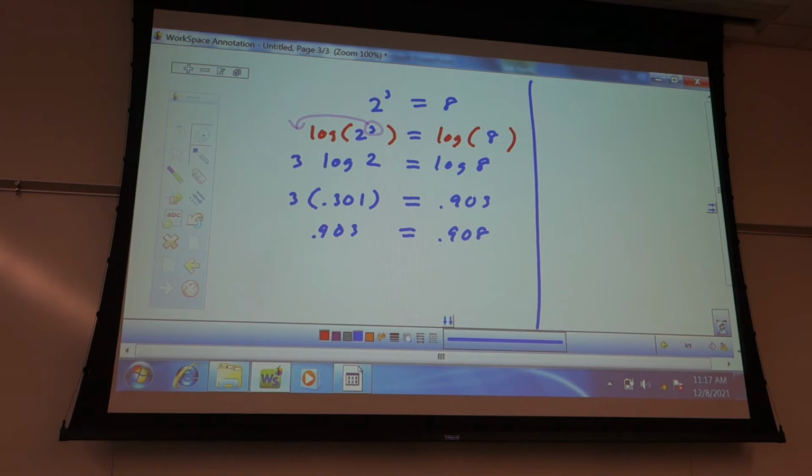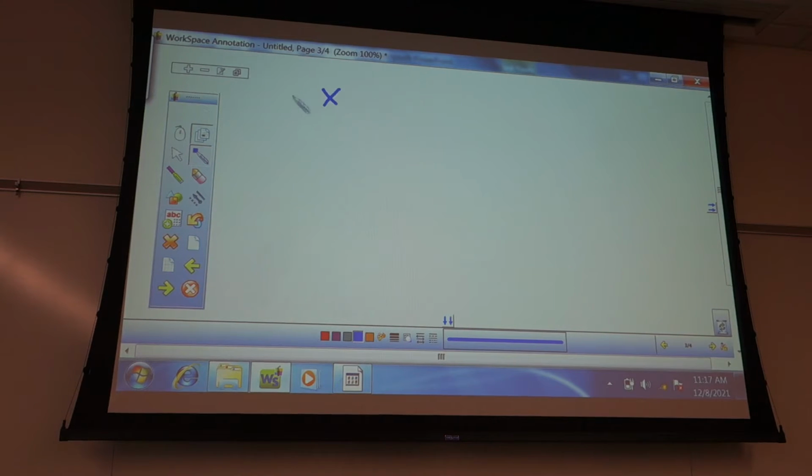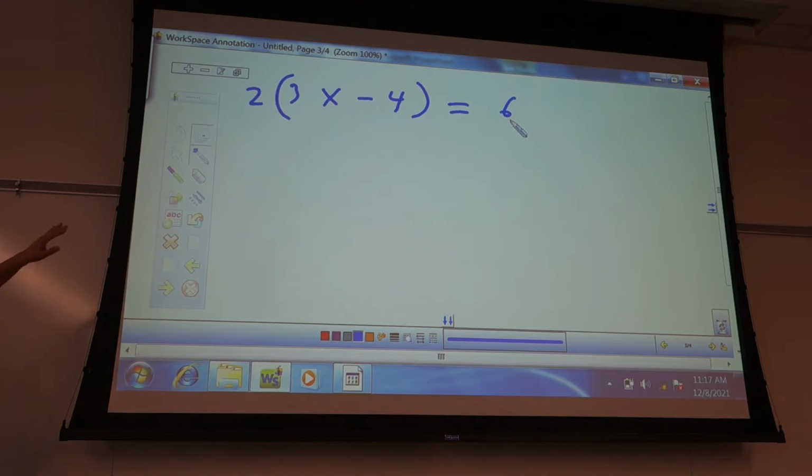What have we learned so far? We know that if I have 3x minus 4 equals, I don't know, 6, I can solve this for x, right?